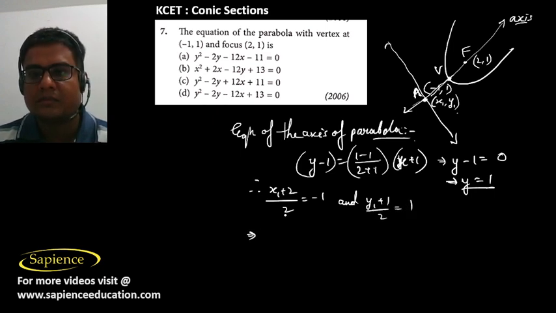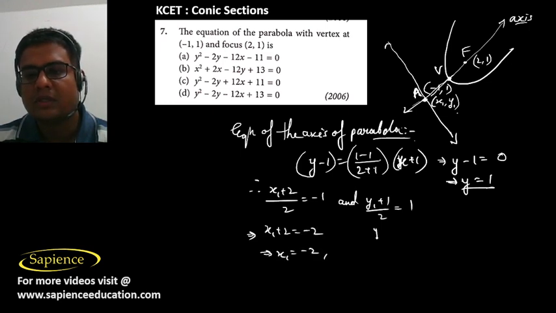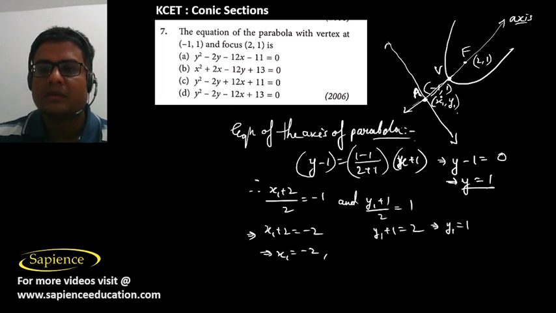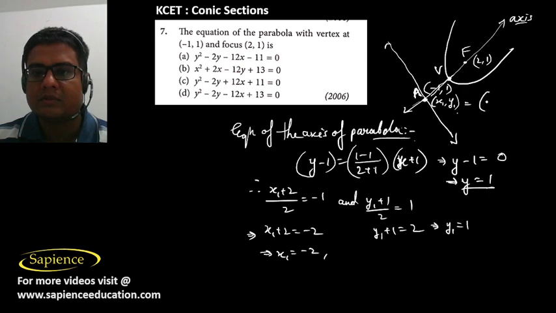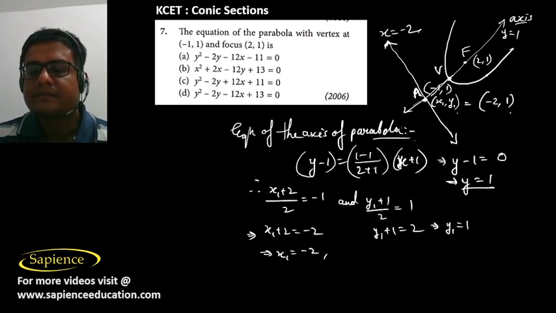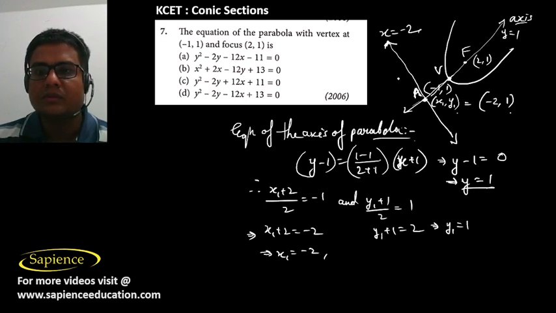So x1 plus 2 is equal to minus 2, therefore x1 is minus 4, and y1 plus 1 is equal to 2, so y1 also is equal to 1. So this point is minus 2 comma 1, and this equation is y equal to 1, and this straight line is x equal to minus 2.